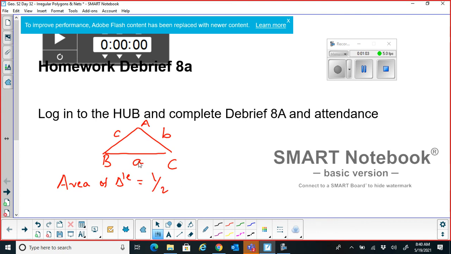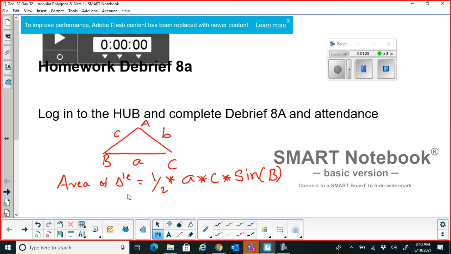For example, a and c are consecutive sides, half times a times c times sine of B, because B is the included angle. So the area of a triangle can also be found by this formula: the product of two consecutive sides times the sine of the included angle, divided by 2.